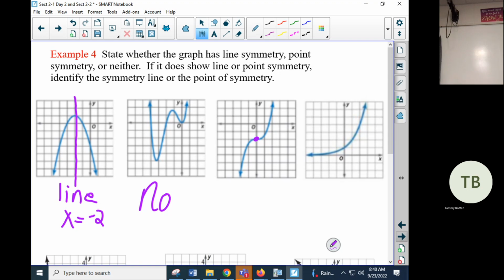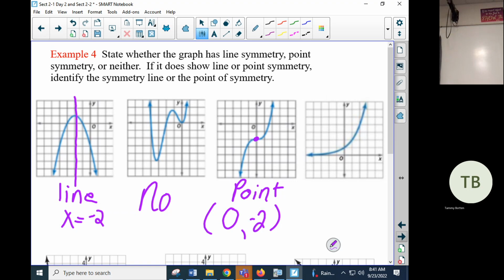And it is. Maybe check that point. That's the same distance to that. So that is point symmetry. So you're going to say point, and then you have to list the point. Now my origin is right here, and it's down 2 from that. So that point would be 0, -2.